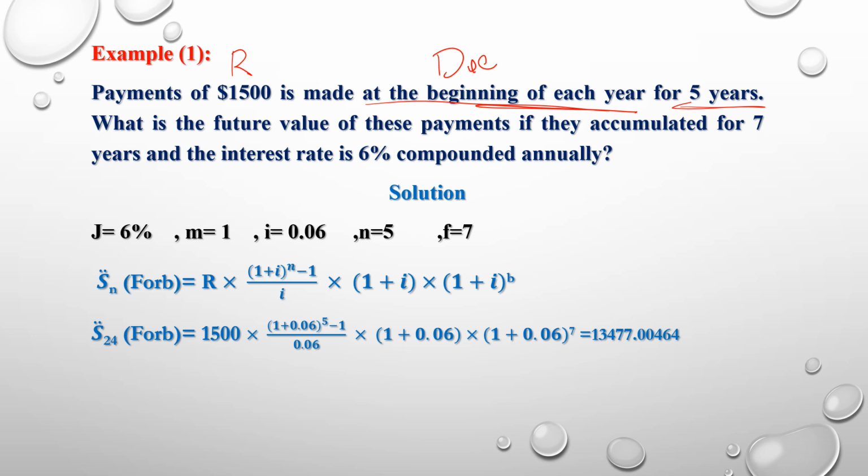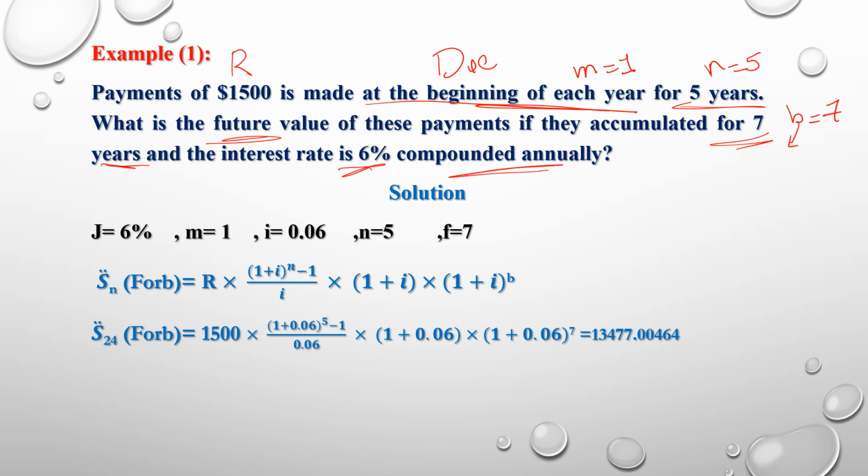So m equals 1 and n equals 5. What is the future value of these payments if they accumulated for 7 years and the interest rate is 6% compounded annually? So the accumulation period equals 7 years. So b equals 7.